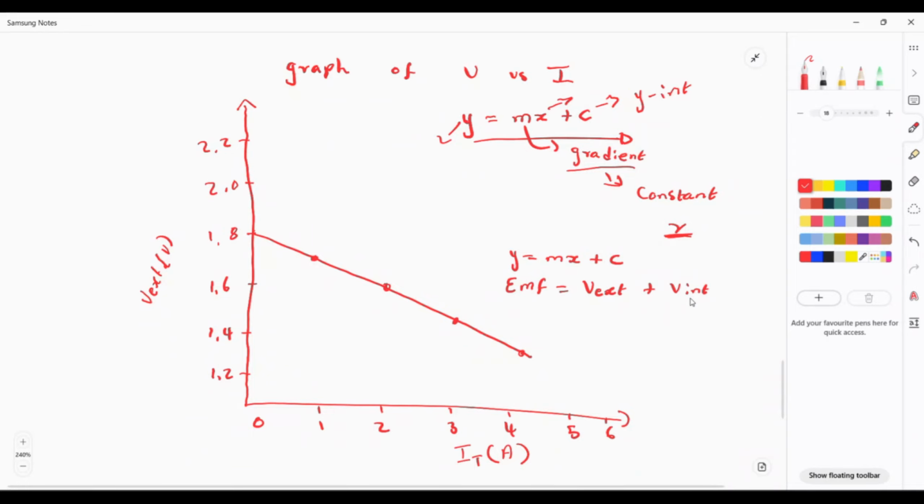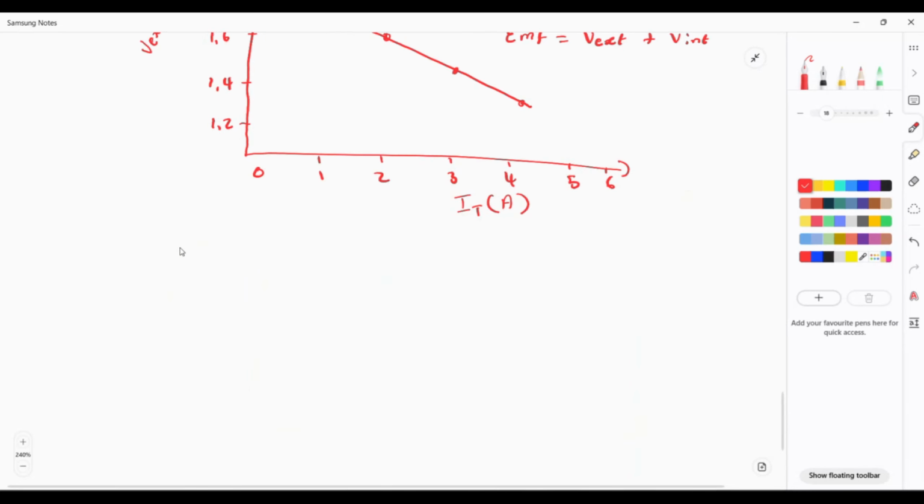I'm saying that the EMF is the maximum energy provided by the battery, which means it is also the voltage when there is no current in the circuit. If I have a circuit and the switch is open, the voltage that is measured is the EMF.